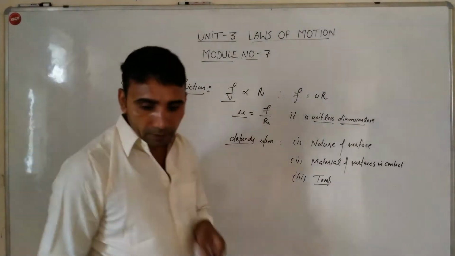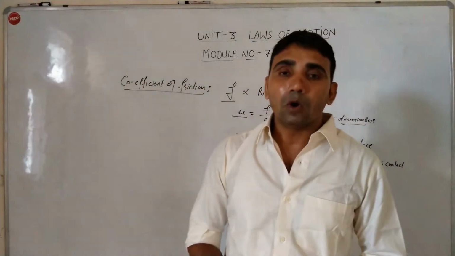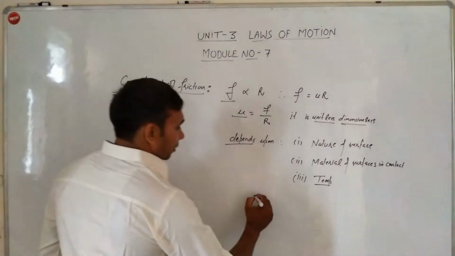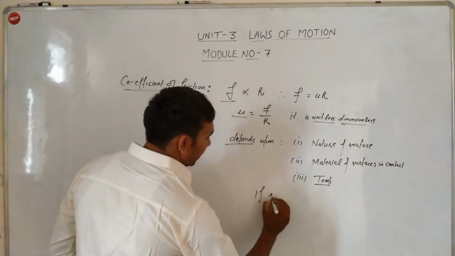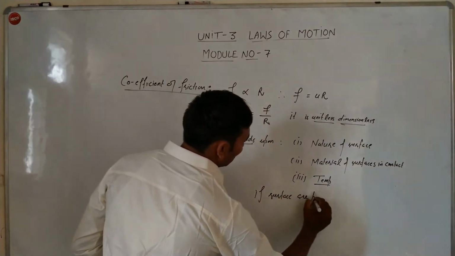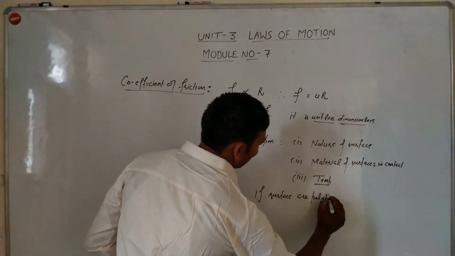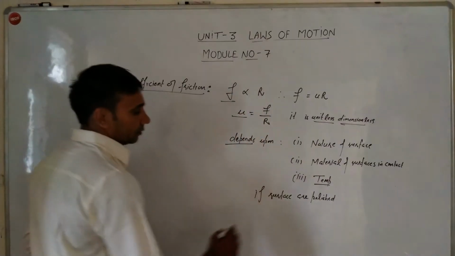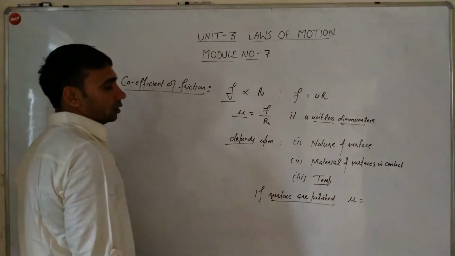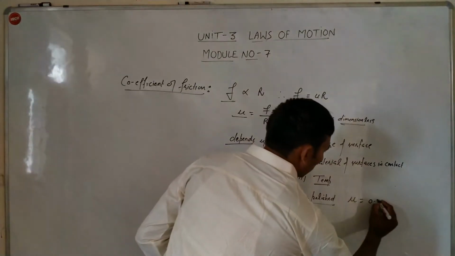If the two surfaces are polished, then coefficient of friction mu is equal to 0.2.